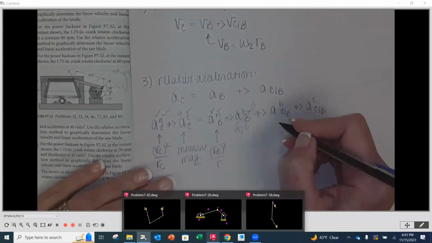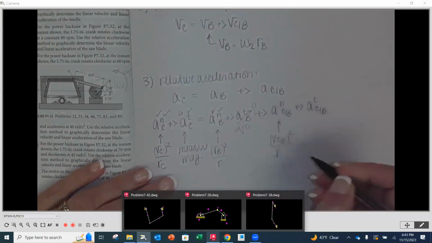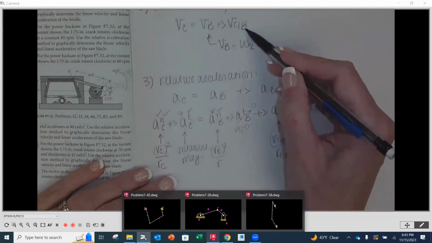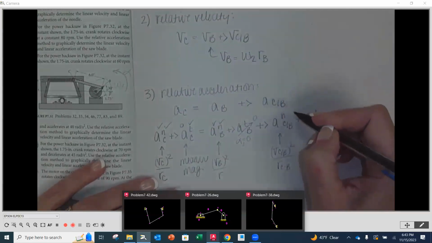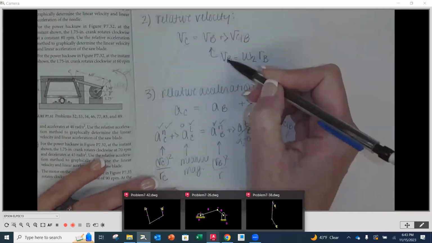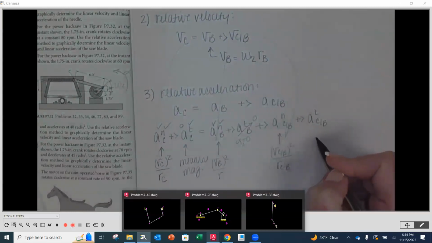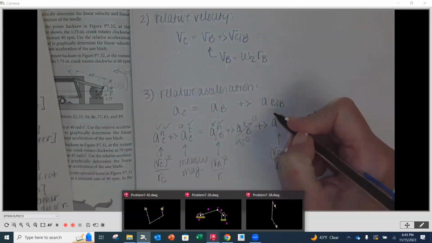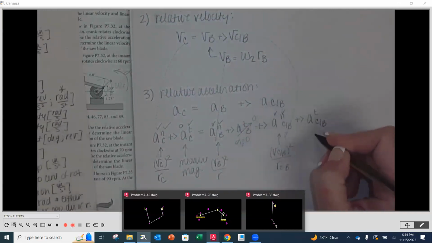The normal of C relative to B is going to be the velocity of C relative to B squared divided by the distance of C to B. This one we get from our vector equation above. The magnitude of C relative to B comes from right there, and then this velocity comes from there. And then the tangential component: we won't know its magnitude.